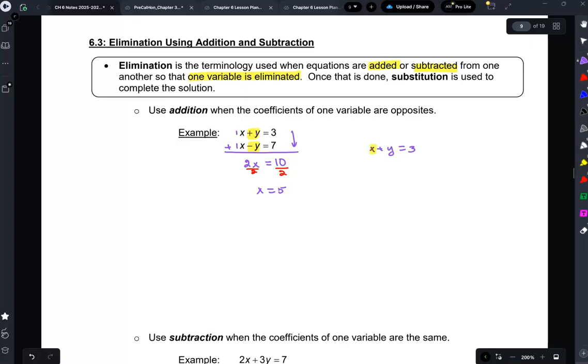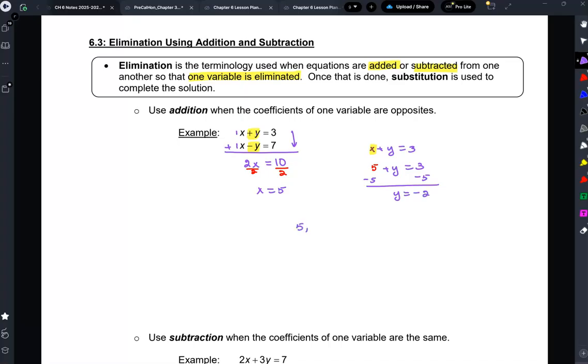I substitute the x in there. So I say 5 plus y is equal to 3. Now what do I do? Minus 5, y is negative 2. And so now my answer will be 5, negative 2.